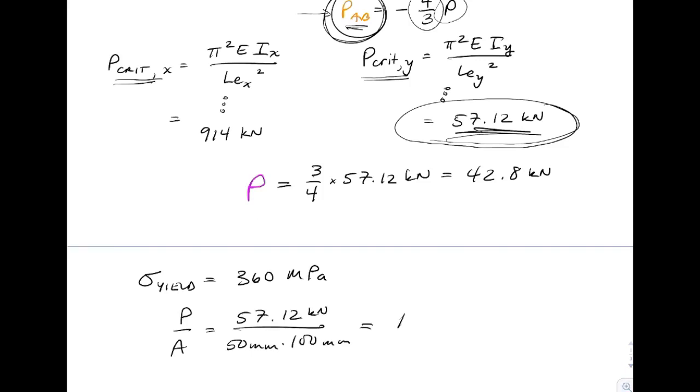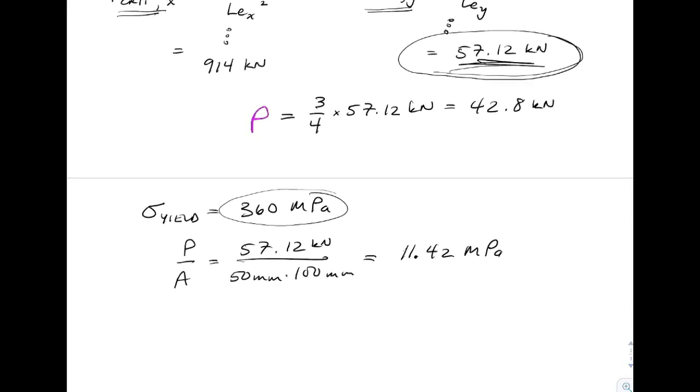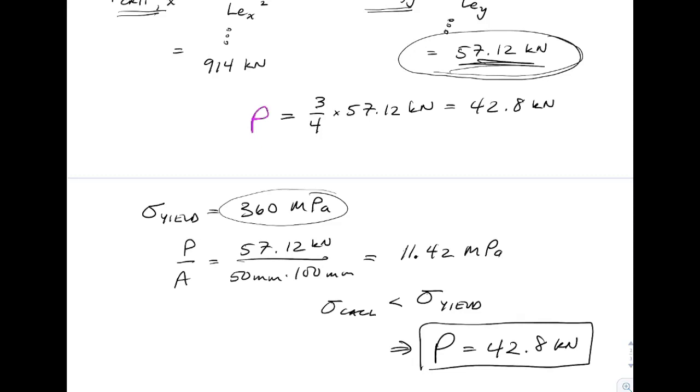Do your units, you'd end up with 11.42 megapascals, which is clearly less than the yield of the material. So we've got buckling that has occurred before the material has yielded. Sigma calculated is less than sigma yield. Therefore, the applied external load is going to be 42.8 kilonewtons, again found in the buckling analysis.